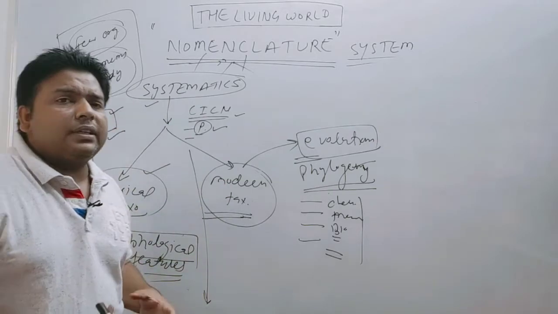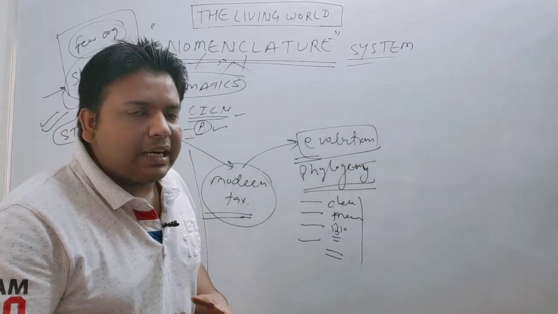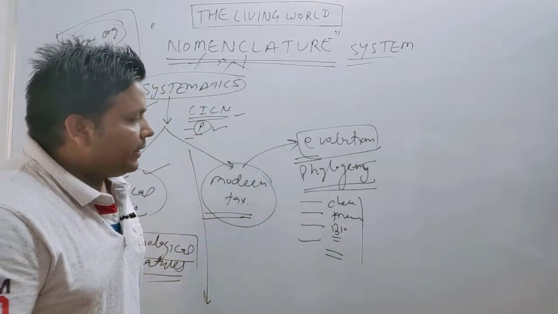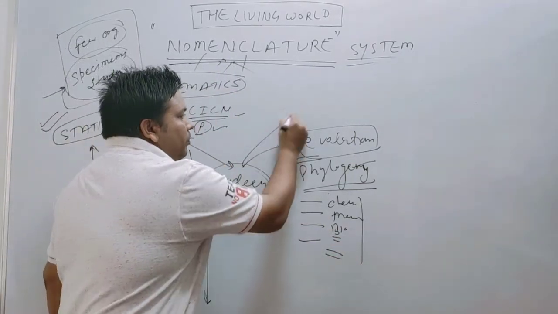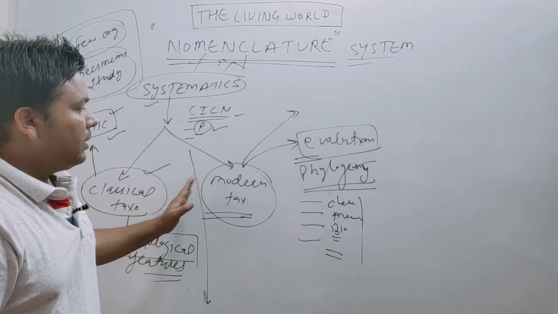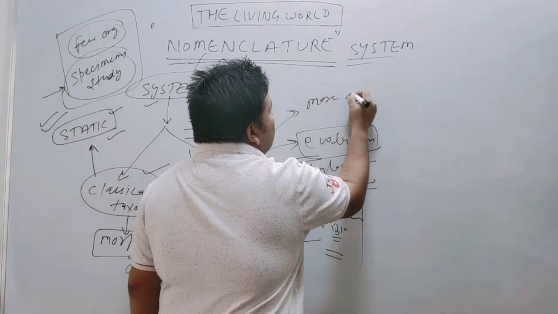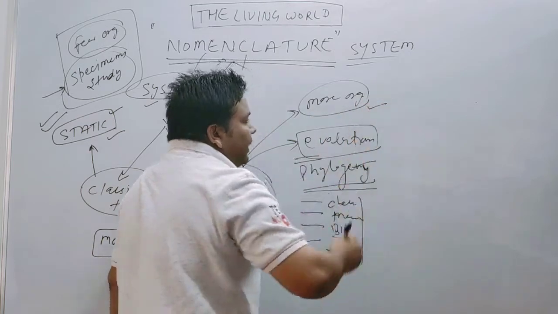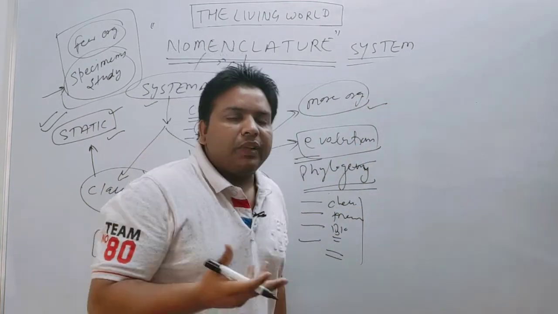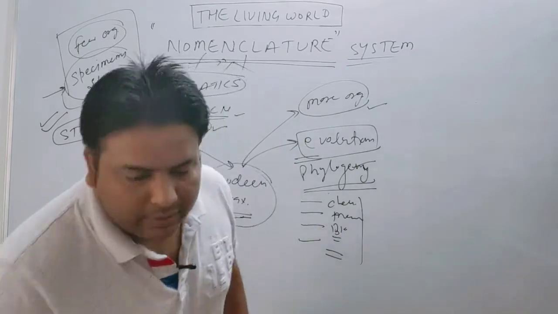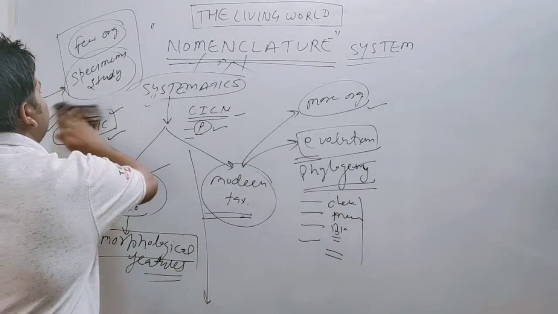But this is not the way to identify and classify that organism basically. So in contrast to this, modern taxonomy uses more organisms, the number of organisms is more, so that we can have very accurate data. So this is the major difference between modern taxonomy and classical taxonomy.